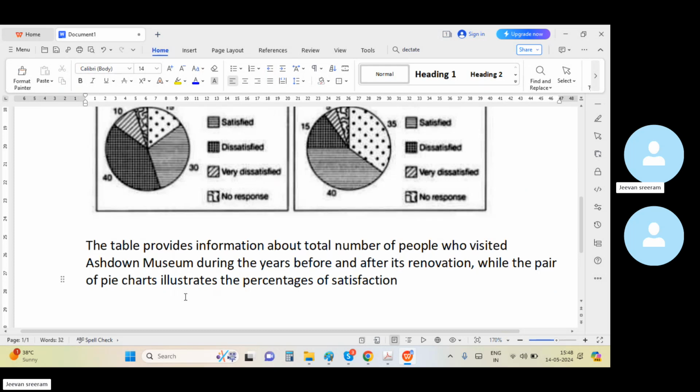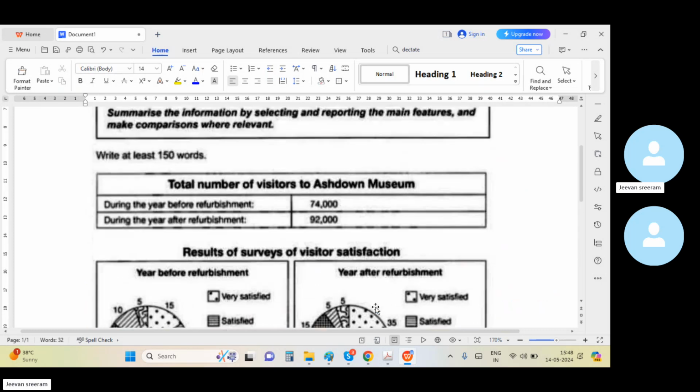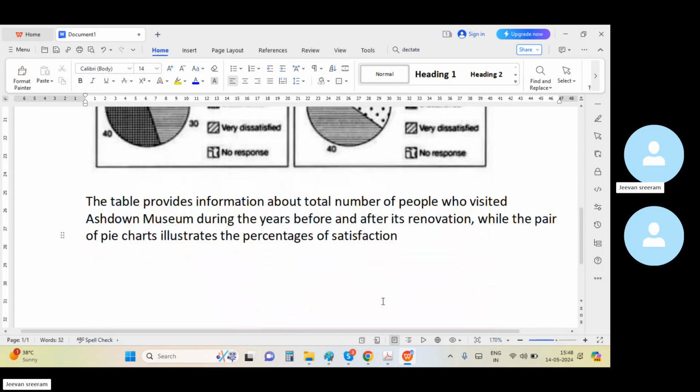No issues, no need to go on with different vocabulary that may make the entire sentence wrong. Okay, let's go simple. Percentages of satisfaction during the same 2 periods, across the same periods.